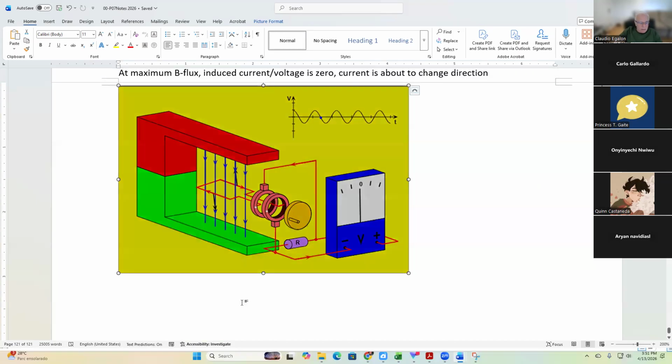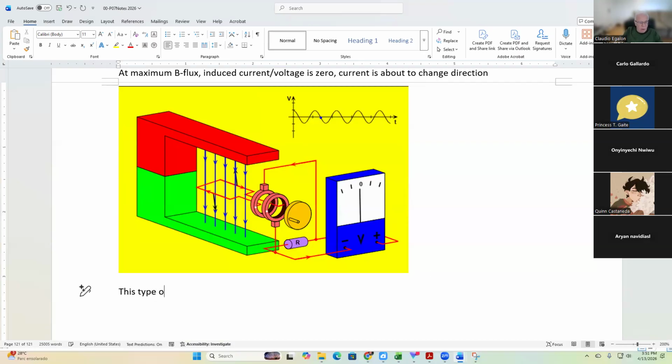And that's exactly this type of current, okay? This type of AC current is exactly the current we get from the outlet at home.